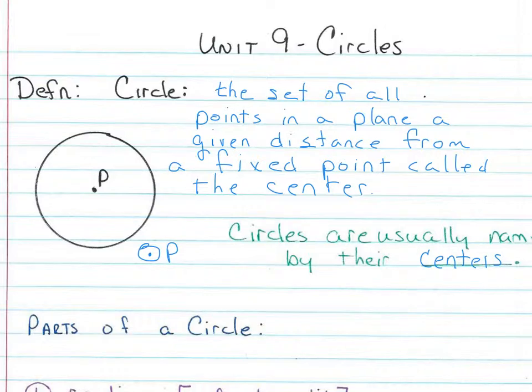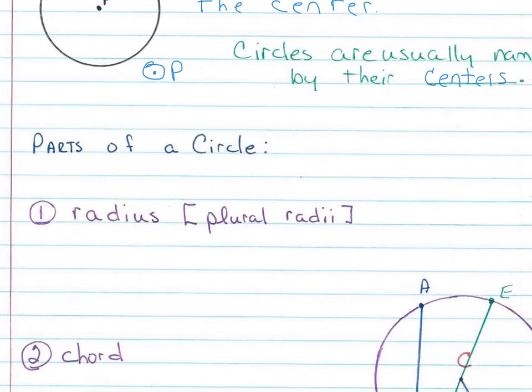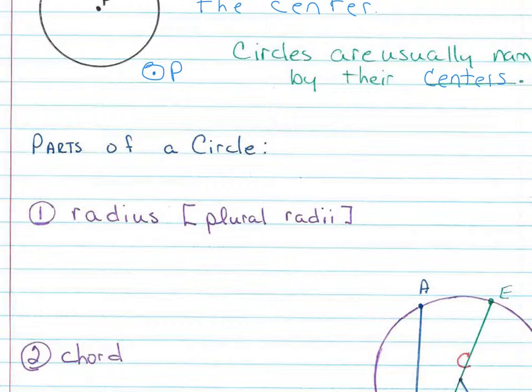Now, there are parts of a circle. I'm sure you all know what these parts are, but we're going to talk about them anyway. The first one is a radius. If you've got more than one, we have radii.